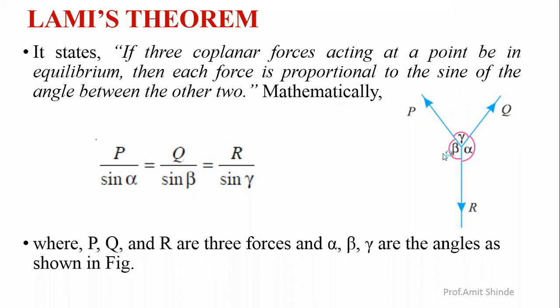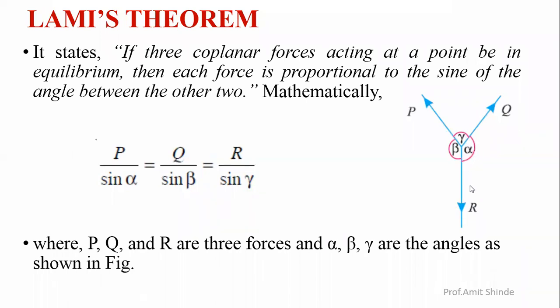Mathematically, these are coplanar concurrent forces, which are forces passing through the same point and lying on the same plane. Now let us consider the forces P, Q and R, which make angles alpha, beta and gamma.